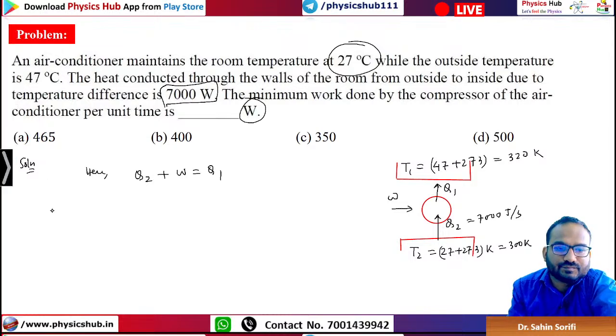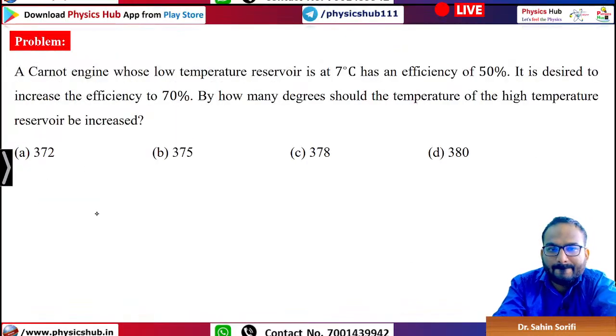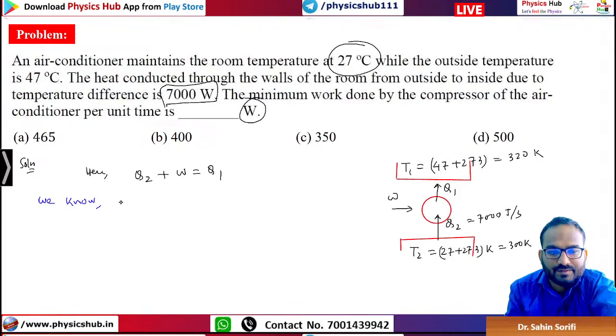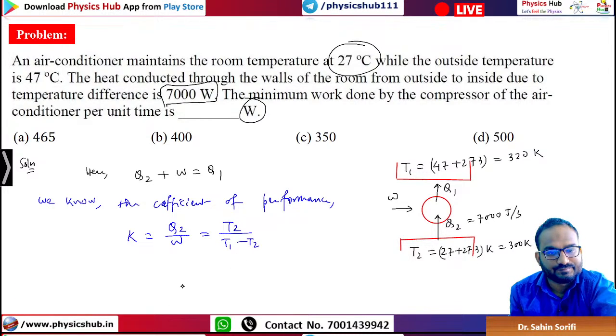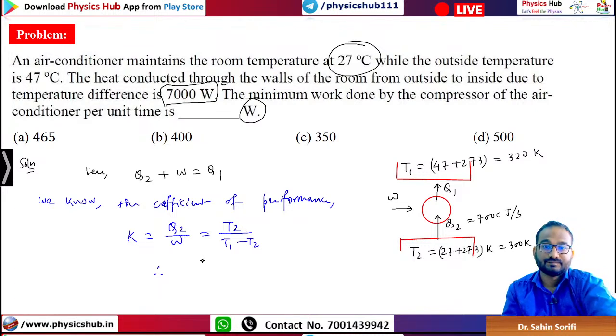Look, we know the coefficient of performance K, which is equals to Q2 by W, that is T2 by T1 minus T2, and therefore Q2 by W. What is Q2?